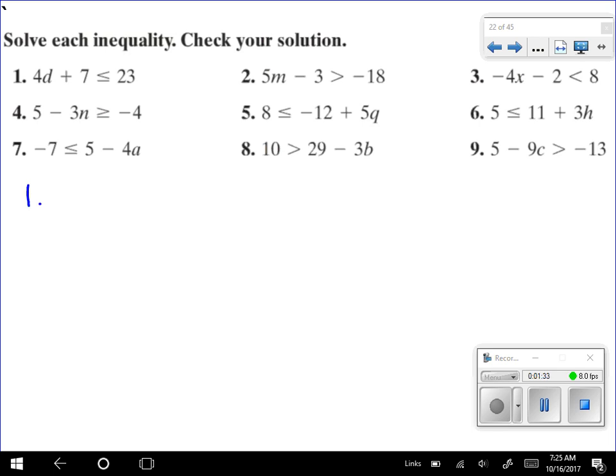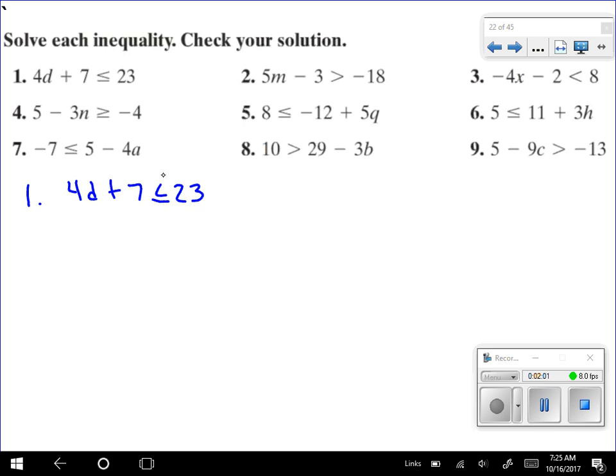If I look at number 1, I have 4d plus 7 is less than or equal to 23. So we're going to solve and graph each inequality. We want to work in reverse order of operation, or as we talked about with equations, we're going to work with the piece that's least attached to the variable. So one thing that Ms. Busbin's been doing is saying, let's just pretend this is an equal sign.